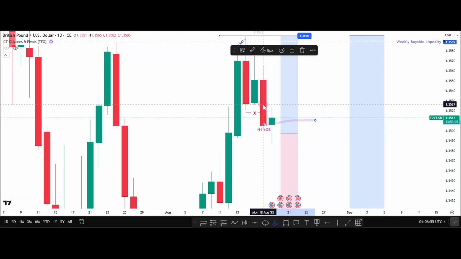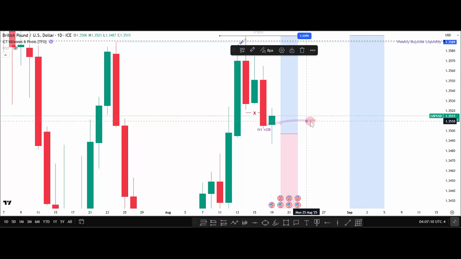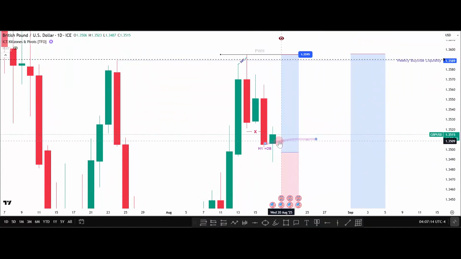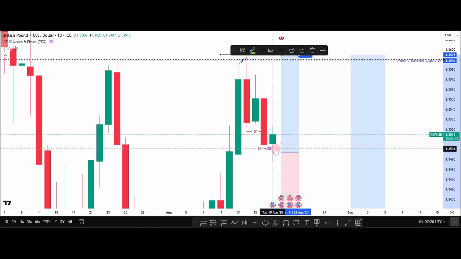I want it at least to trade up to 135.28, which will validate this order block. And after validating the order block, remember, we are not trading the SMT, we are trading basic structure. But that is just an entry model.